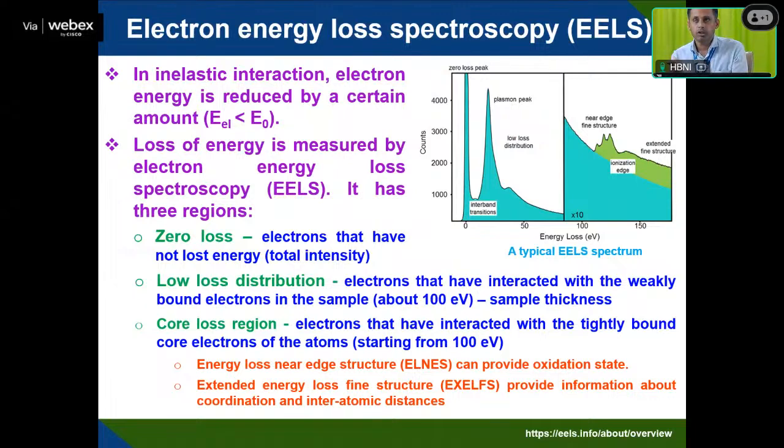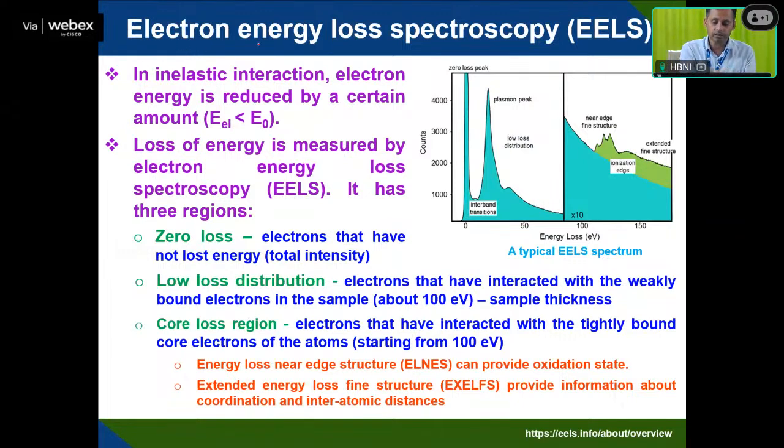So as I told, the electron beam transmitting through the sample is of two types, elastic and inelastic. The elastic beam is generally used for dark field and bright field imaging. But if it is inelastic, there will be some energy loss, and that energy loss is used to determine the chemical composition.